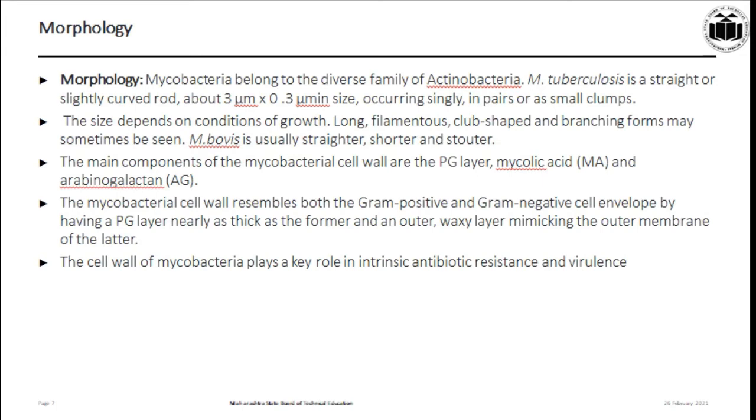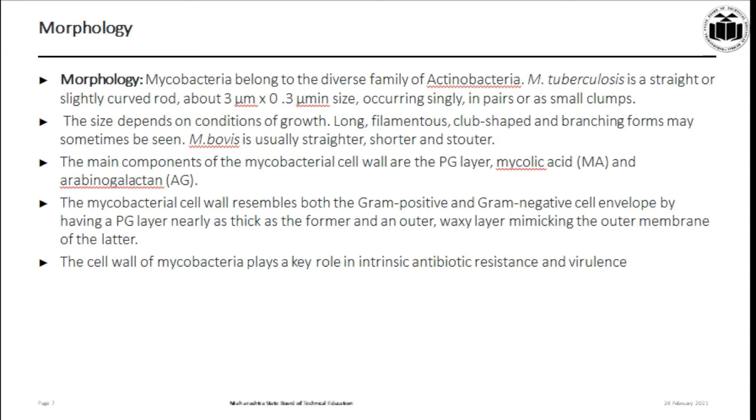The size of the Mycobacterium ranges from 3 micrometer to 0.3 micrometer in size, and they can occur in a single state as well as in small clumps.